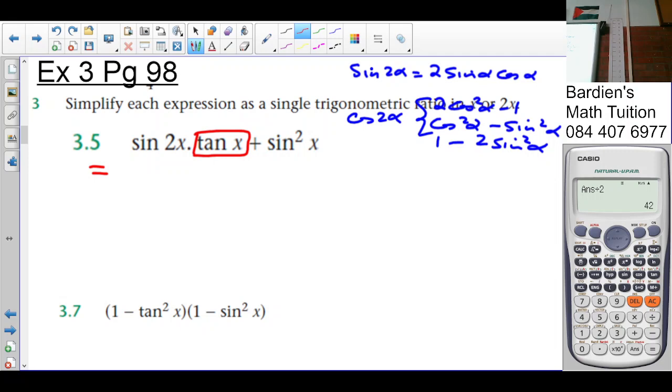Sine 2x can be written as 2 sine x cos x. So tan can be written as sine x over cos x. You don't change this until you're sure about what's happening.